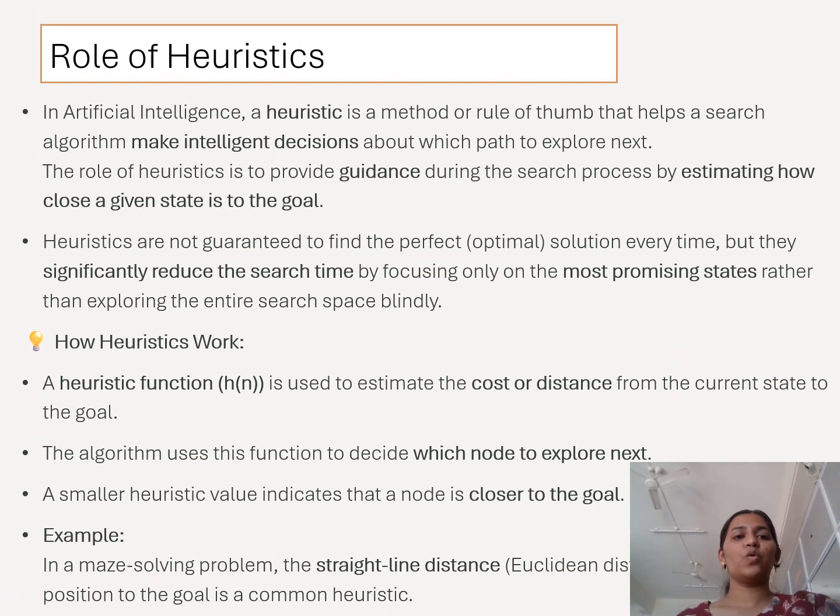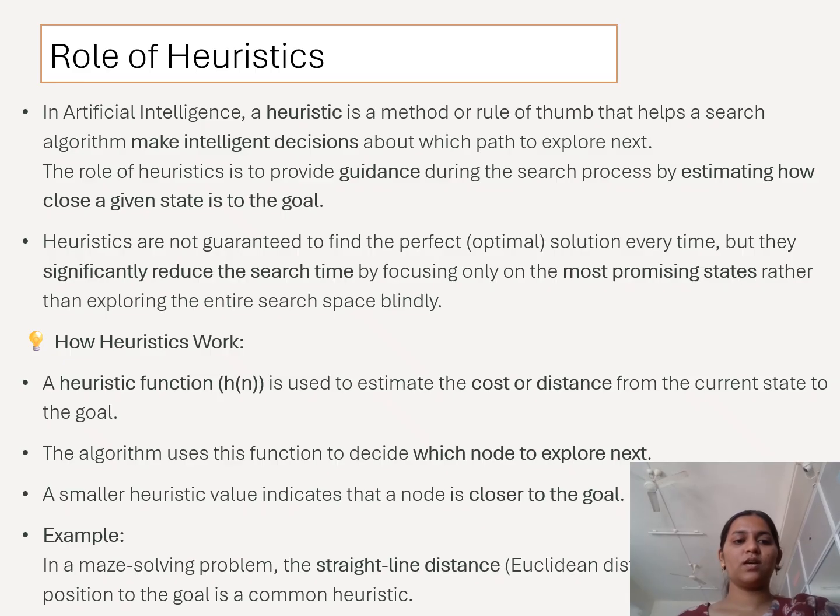Next is the role of heuristics in search space. In AI, a heuristic is a rule of thumb that helps a search algorithm make intelligent decisions about which path is explored next. The role of a heuristic is to provide guidance during the search process and estimate how close a given state is to the goal.